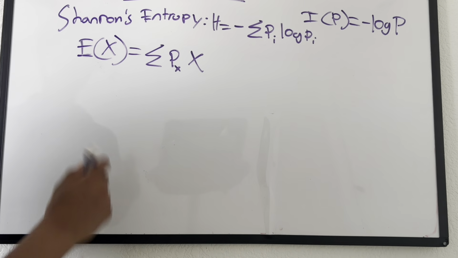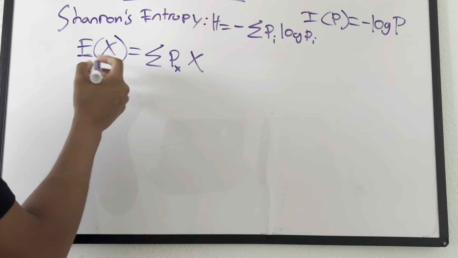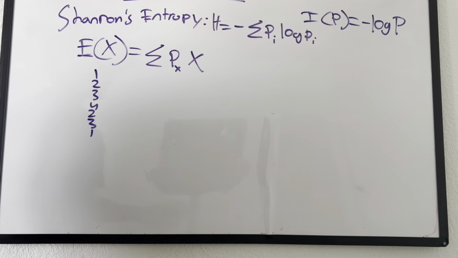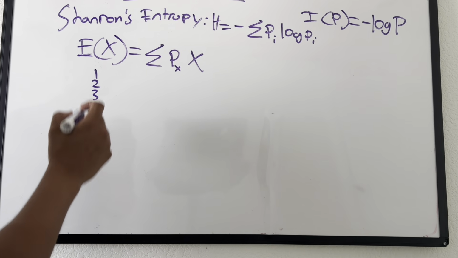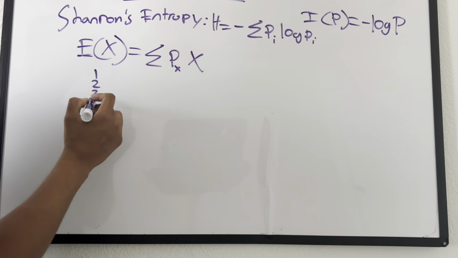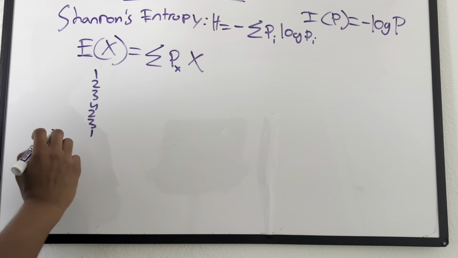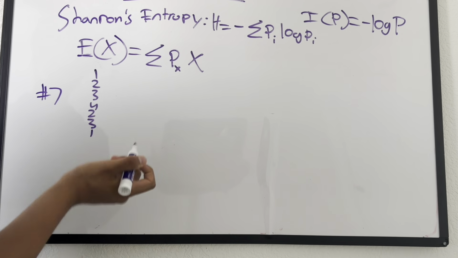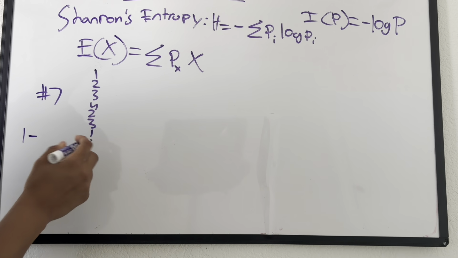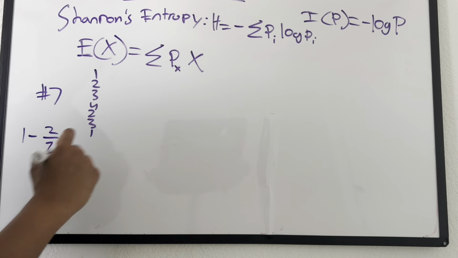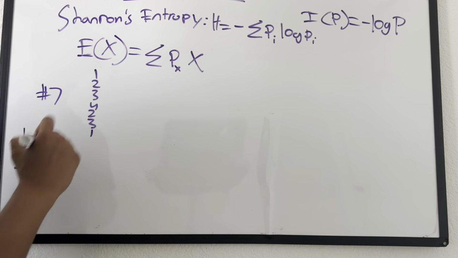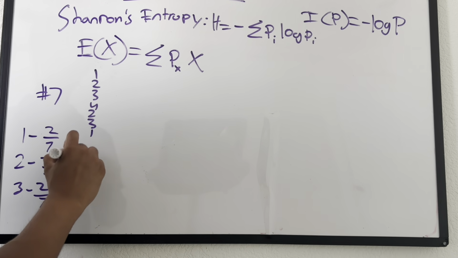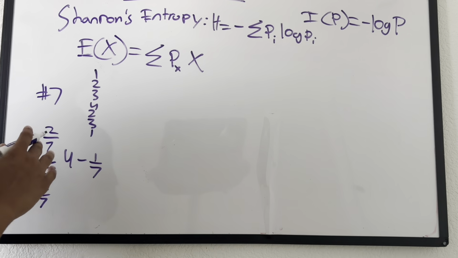So for example, let's say we have this input stream over here with the numbers 1, 2, 3, 4, 2, 3, 1. What we see is a stream of 7 numbers, and 1 has a 2/7 probability, 2 has a 2/7 probability, 3 has a 2/7 probability, and 4 has a 1/7 probability, correct?